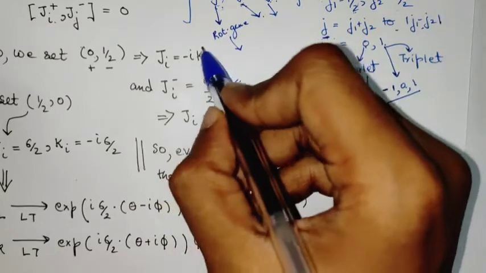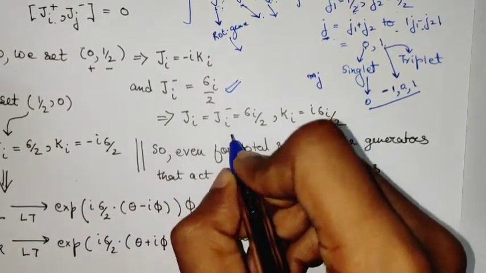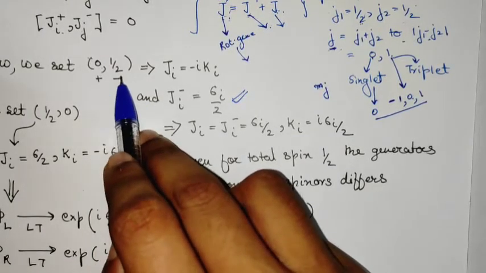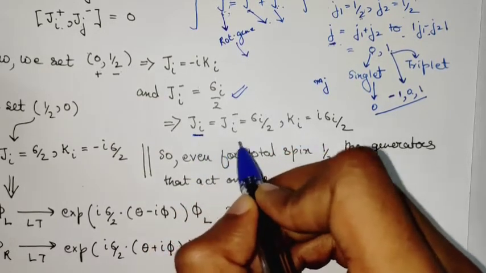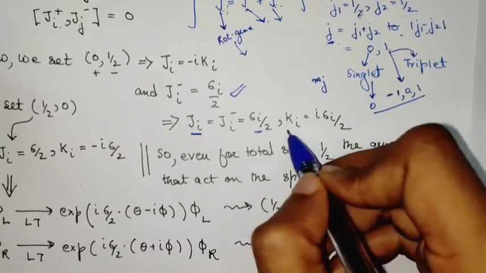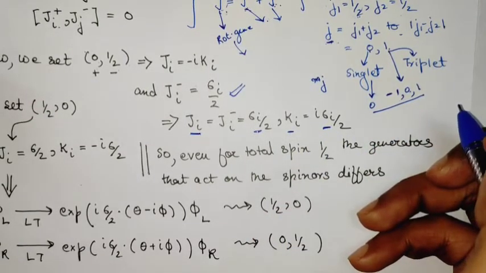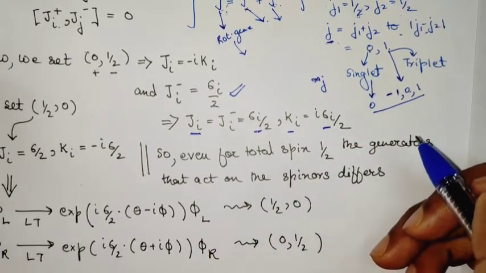So this equation is showing us that if we have a spin half particle Lorentz representation, then the rotation generators are sigma_i by 2, and the boost generator is i sigma_i by 2, where sigma are the Pauli matrices.